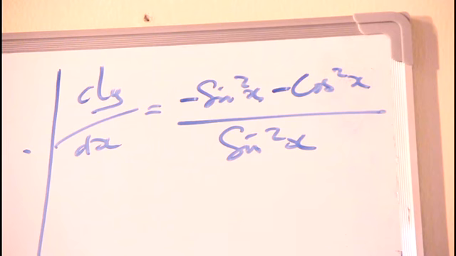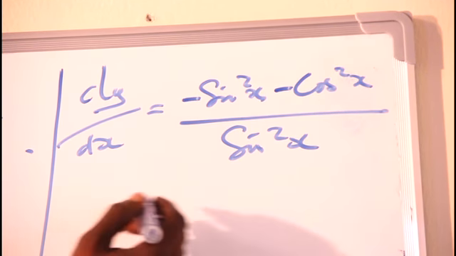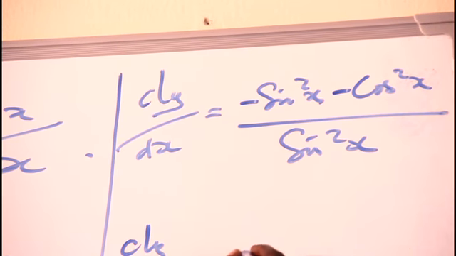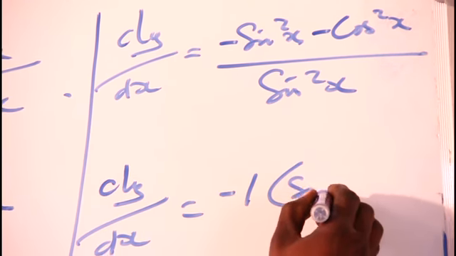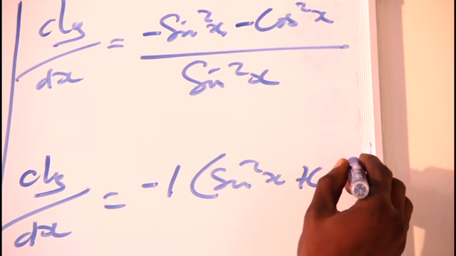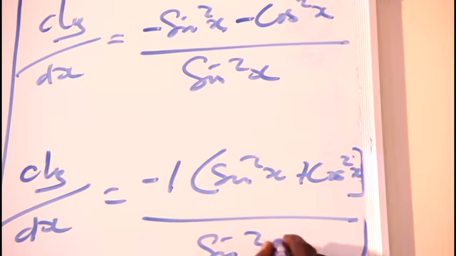Now we can easily factor out the negative 1 of the numerator. That will give us dy over dx equal to minus 1 into sine x squared plus cos x squared, all over sine x squared.